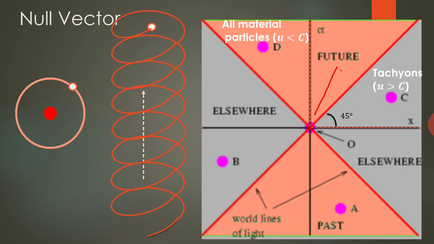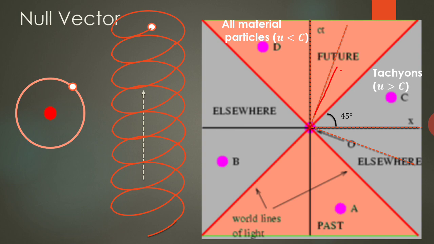So now, how to study the world line for material particles is a matter of interest. To study them, we can take a Lorentz transformation that brings these coordinates or vectors into the direction of our vector. So any vector can be studied.